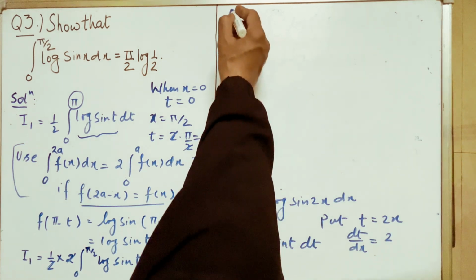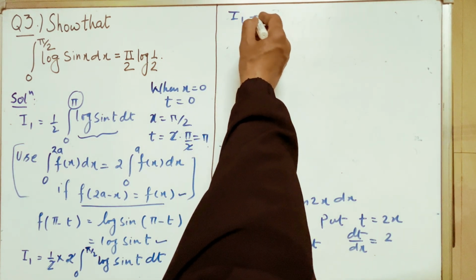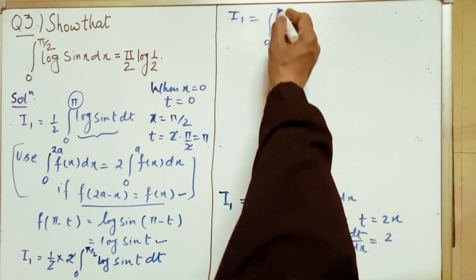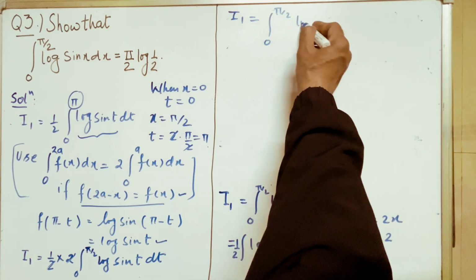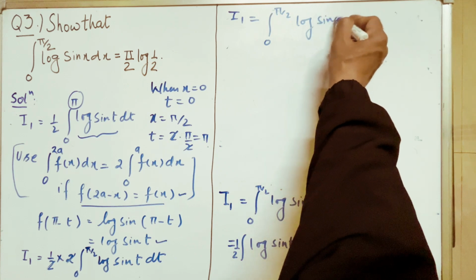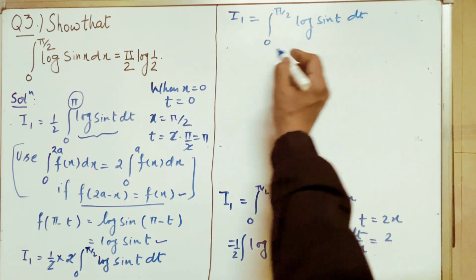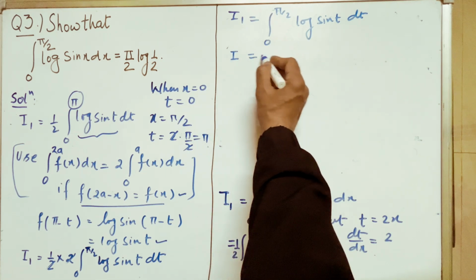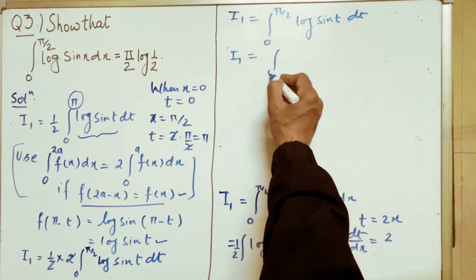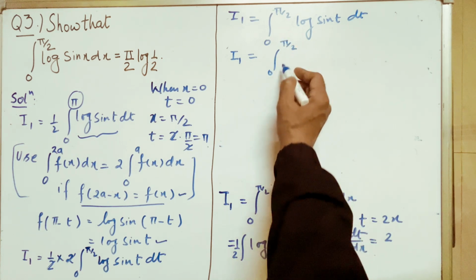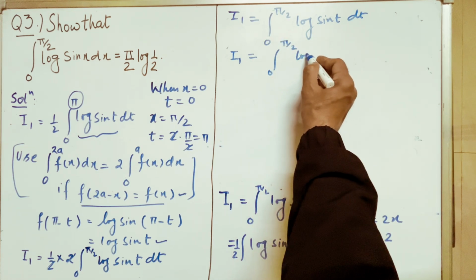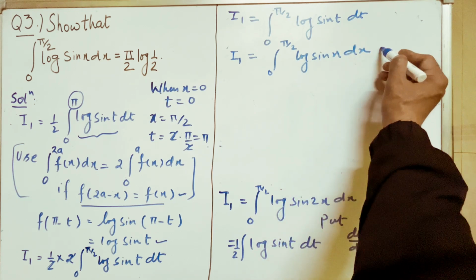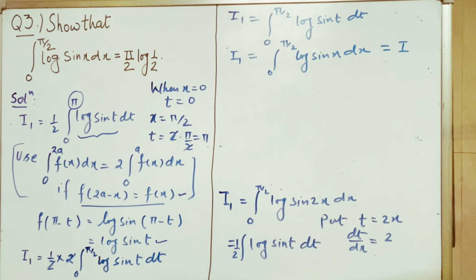So now I1 becomes integral 0 to pi by 2 log sine t dt. We know one property which says that if we are just changing the variable, it will not affect the integral. So in place of log sine t, I am putting log sine x. It makes no difference. So this I1 comes as I only.